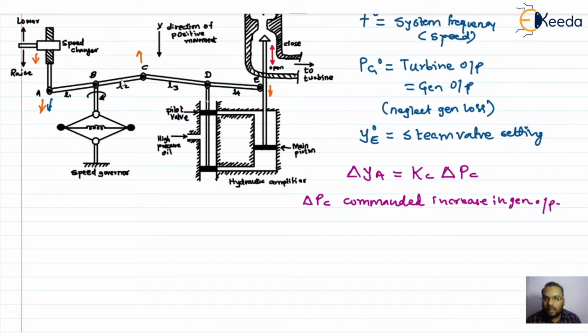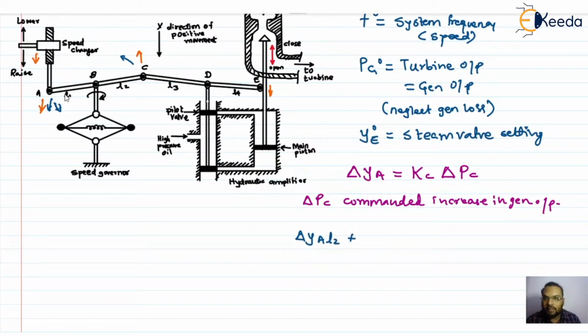As this link ABC is fixed at point B, if A is moving, it will move in a rotational manner, and correspondingly point C will also move in a rotational manner, with point B fixed. So with the help of the basics of mechanics, I can write the change in position of A multiplied by L2.